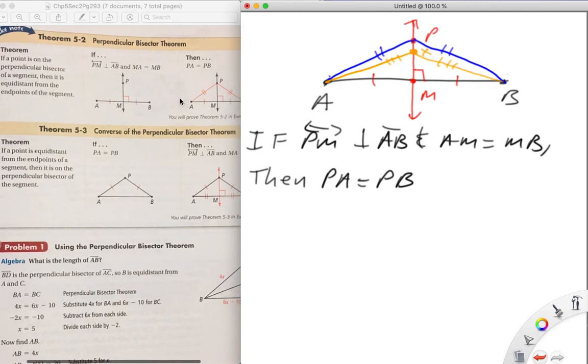Note something. It says equal, not congruent. Most theorems that we've been dealing with have been congruency. This is equality. So please keep that in mind. All right, so this is the perpendicular bisector theorem.